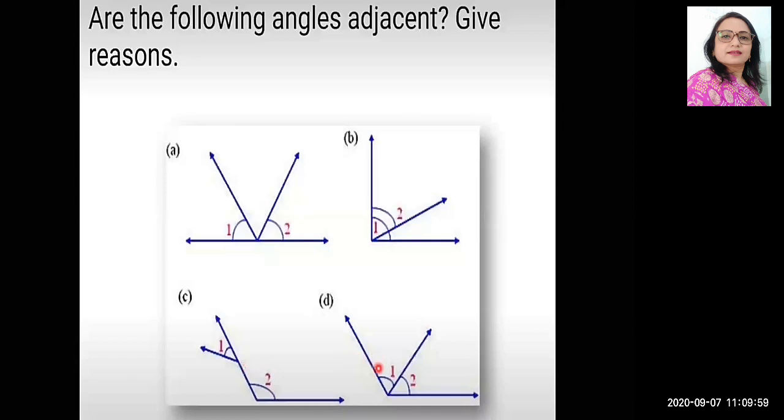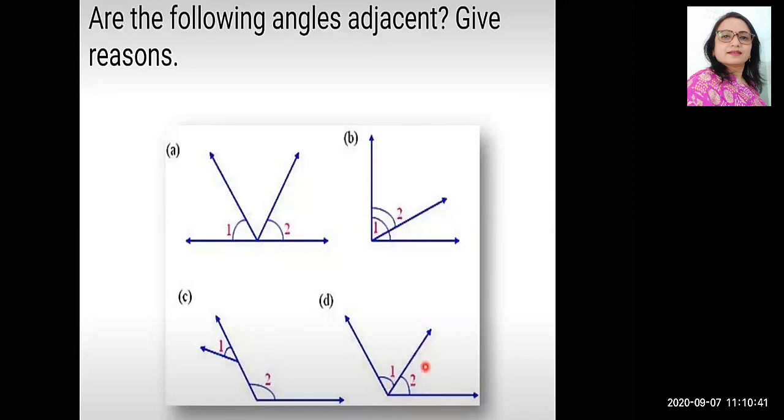Very good, students. Now see this figure D. Angle 1 and angle 2. Shajan? Anybody else? They are adjacent. हाँ. कॉमन वर्टेक्स भी है, कॉमन आर्म भी है, और separate interiors भी है.